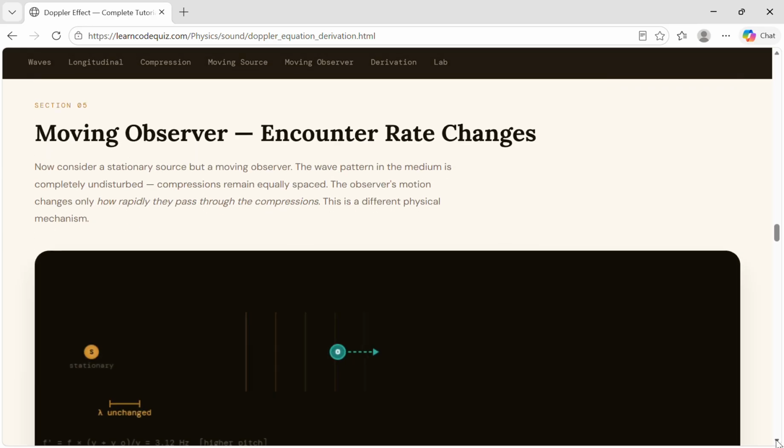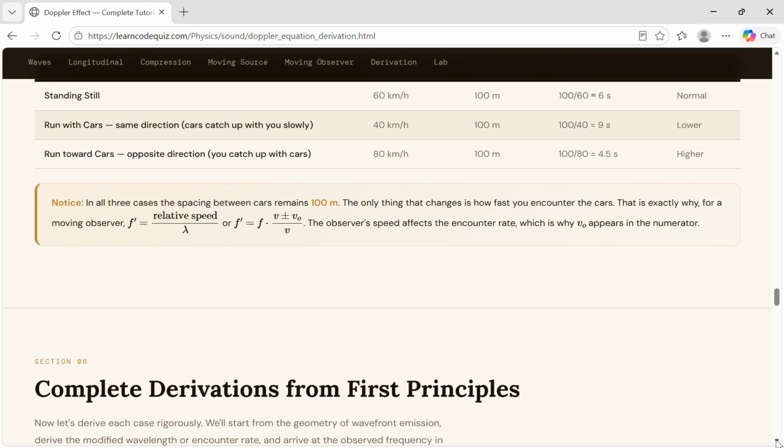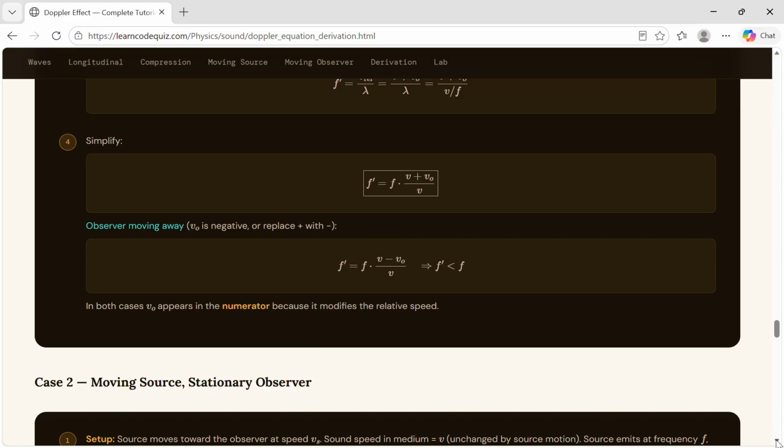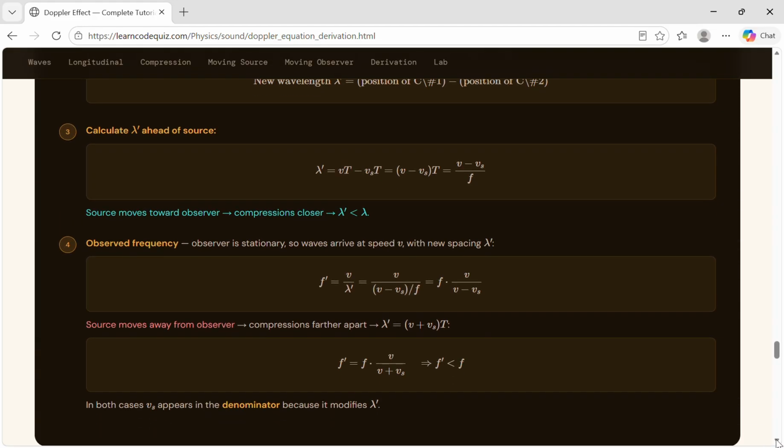So now we can go to the intermediate steps. We had this lambda dash, and V divided by lambda dash is F dash. So V divided by (V minus Vs divided by F), because V is equal to lambda F, right?